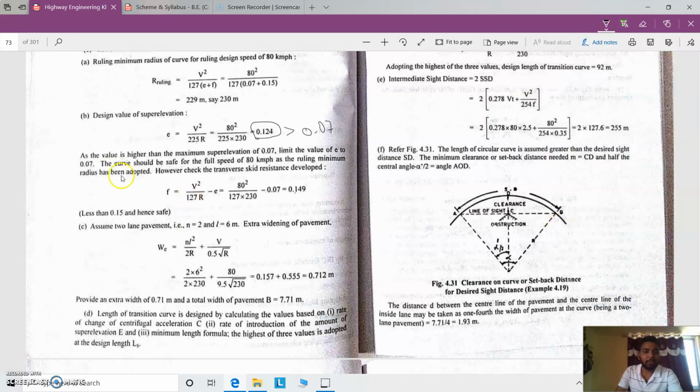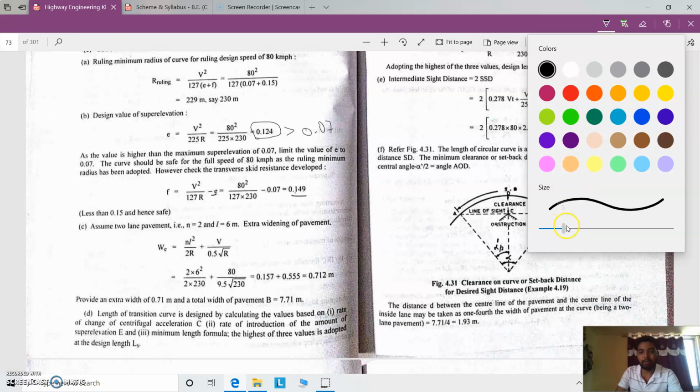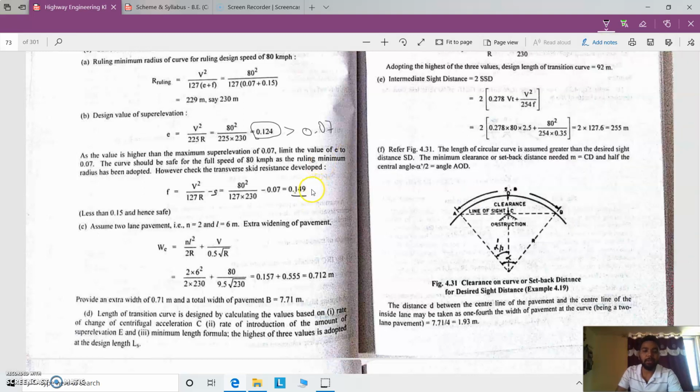Here f is v square by 127 r minus e, substituted with the full value 0.07, and then we get 0.149. It should be less than or equal to 0.15. Here 0.149 is almost equal to 0.15, so you can consider this value. Then the e value can be provided as 0.07. It is less than 0.15, hence it is safe. Then the super elevation value will be 0.07.